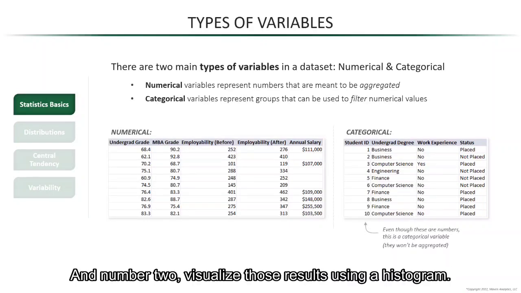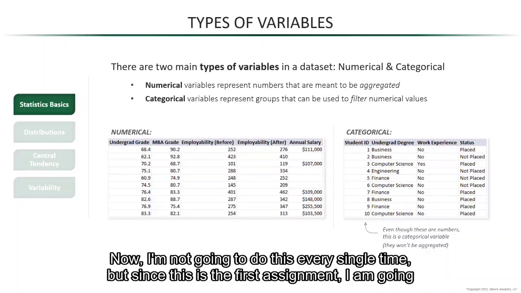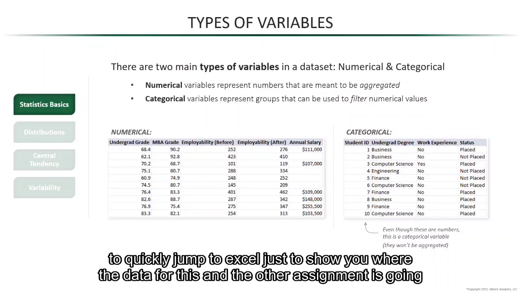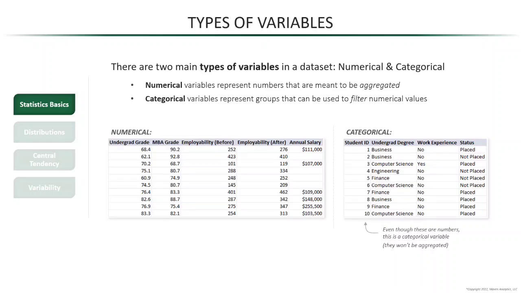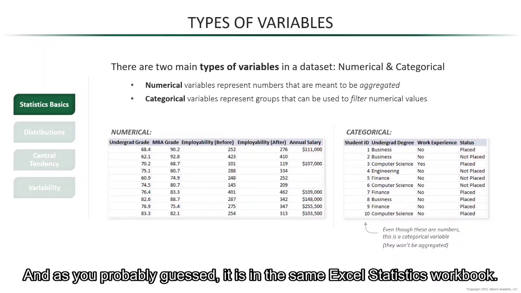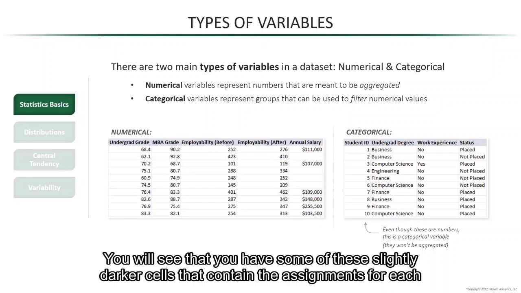Now we do have this curious exception in the student ID because even though these are technically numbers, it is still a categorical variable because these numbers aren't meant to be aggregated. The sum or the average of the student IDs doesn't really mean anything. They're ultimately just numerical labels that are used to identify or filter each student.